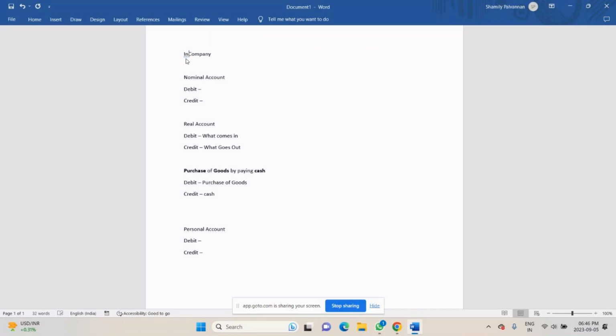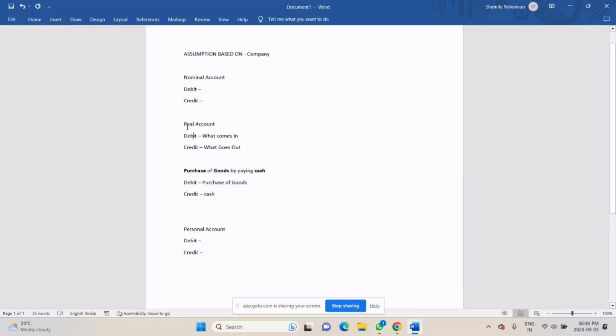Assumption must be based on the company only, whether the company is receiving, paying, giving, or taking. So now the company is making a purchase of goods by paying cash. So from the company, the cash is given to other persons.